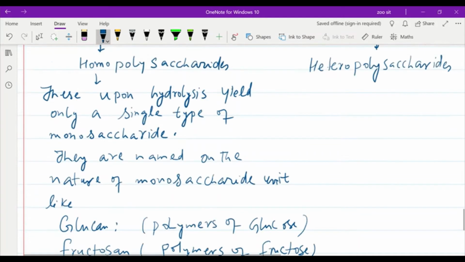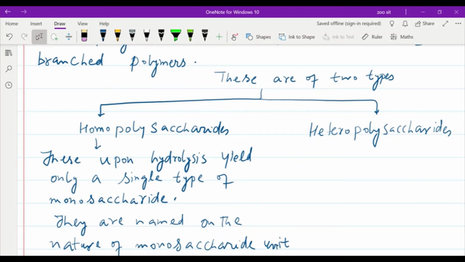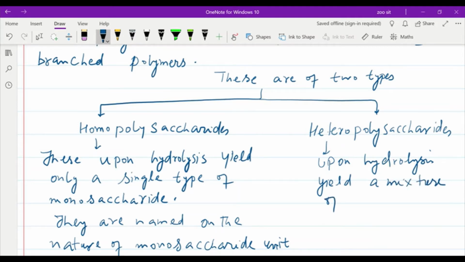Similarly, heteropolysaccharides, upon hydrolysis, yield a mixture of a few monosaccharides or their derivatives.